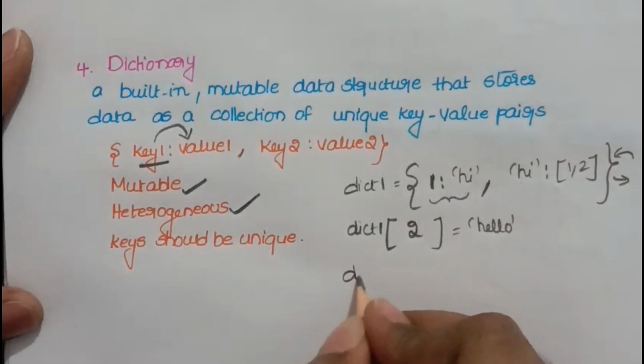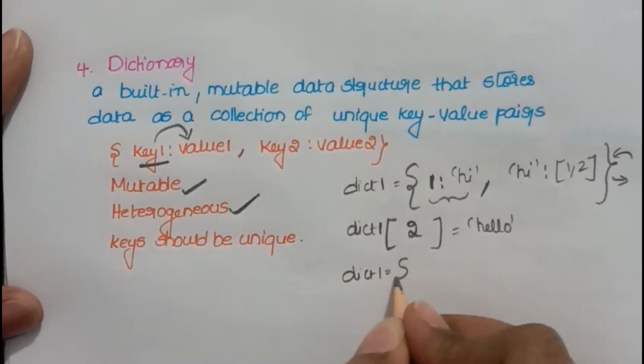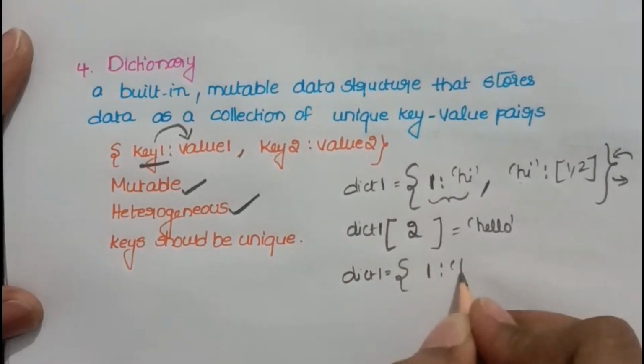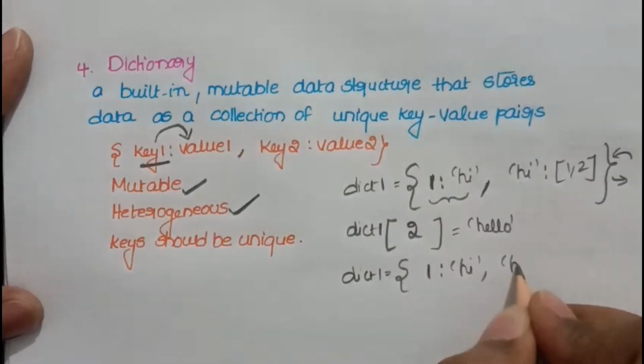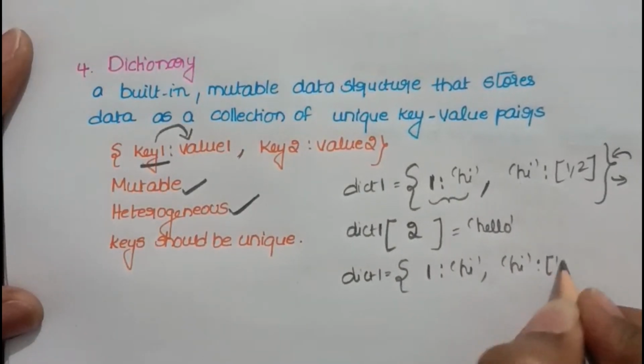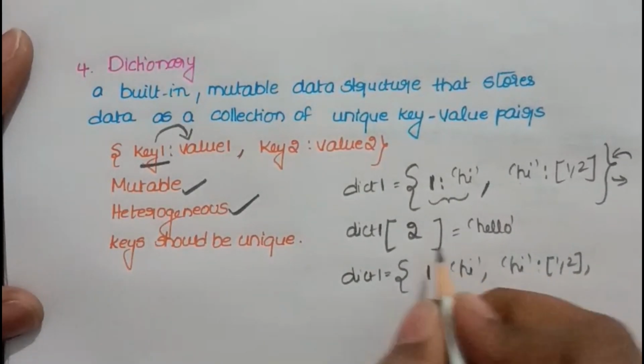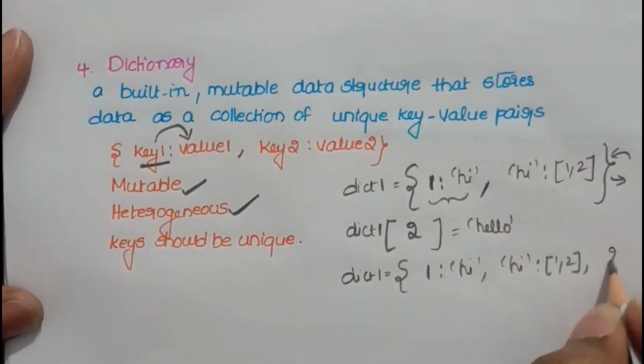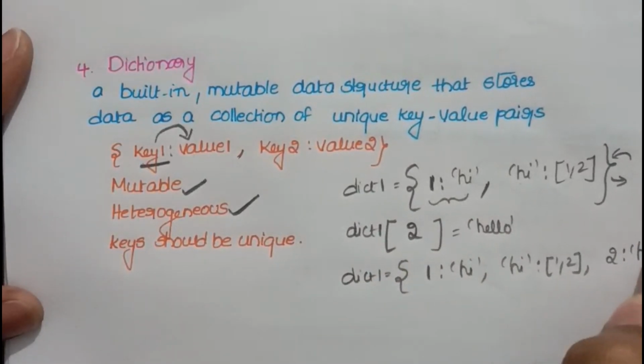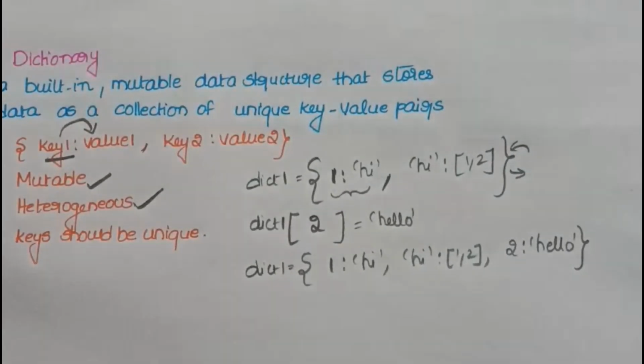Now dict1 will become: these are the existing elements, hi is the key, 1, 2 is its value. Now the new key-value pair will get added at the end. Like this, you can add or remove values from the dictionary.